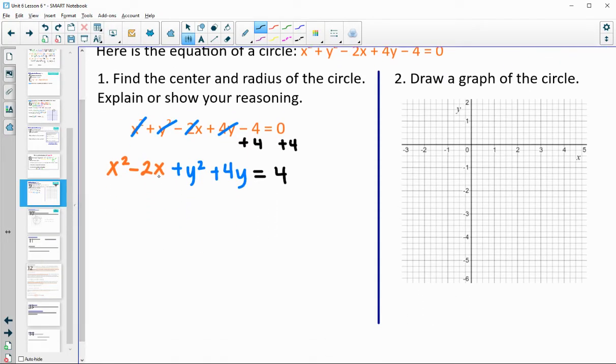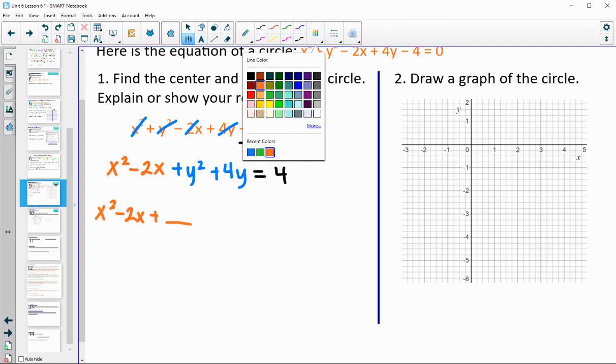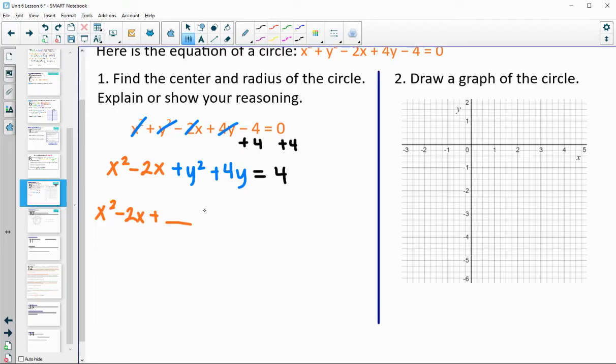So now what you want to do is complete the square and get these into perfect square trinomials so that we can factor them. So we have x squared minus 2x and then plus what? And then we're going to do the same thing with the y part. So we have this positive y squared plus 4y plus what?